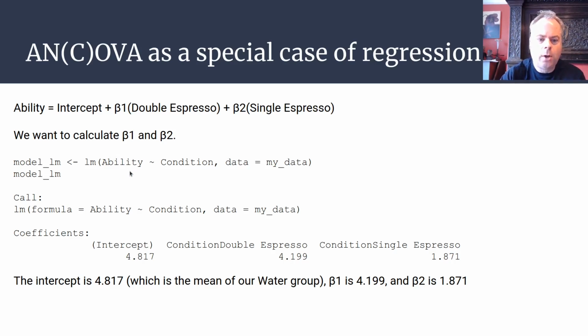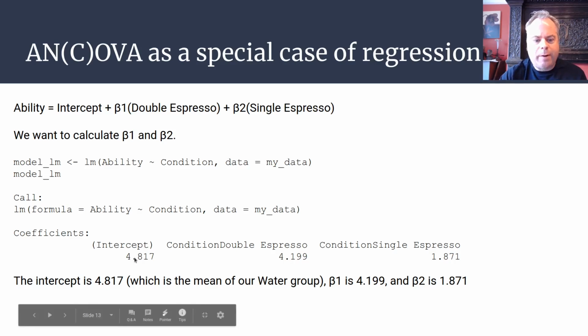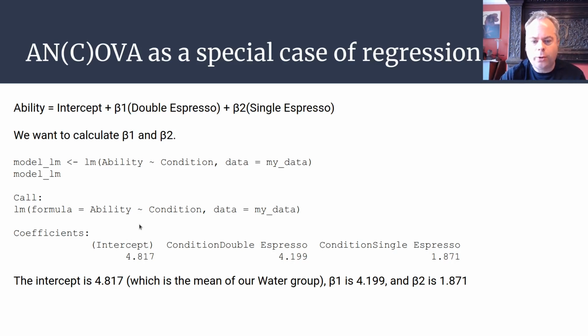So in this case, we have ability as predicted by condition. We can ask for the output of this model simply by typing the model name, which I've mapped the output of the lm function onto. And by typing that, we're given the key information that we need. We're given information about the intercept, which is 4.817, which is actually the average for our water group.